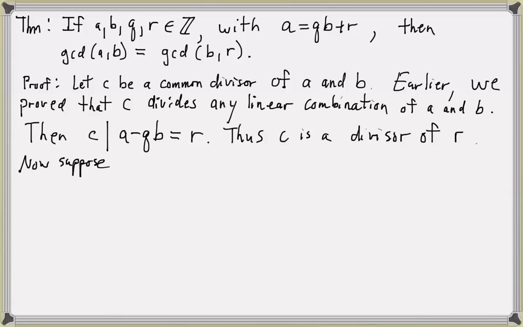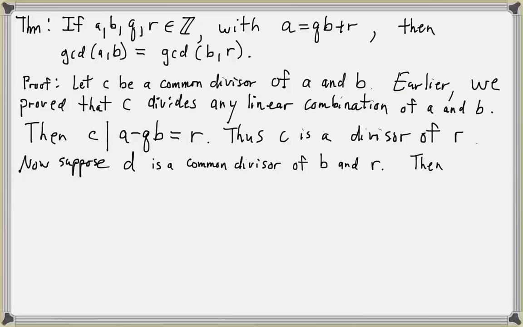Now, suppose that I have a common divisor of B and R. Let's call it D. Suppose D is a common divisor of B and R. Then D would be a divisor of any linear combination of B and R, but R equals A minus QB.